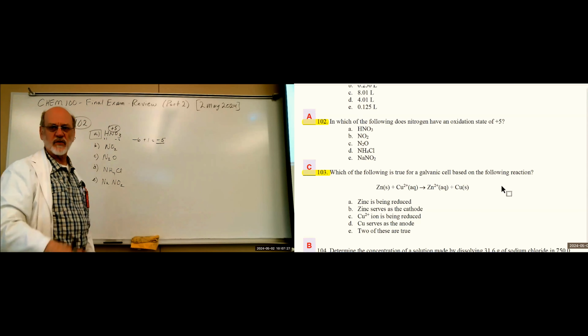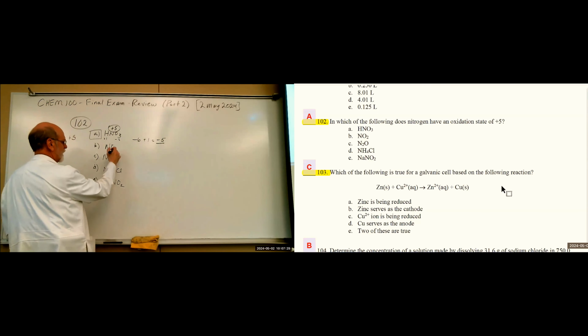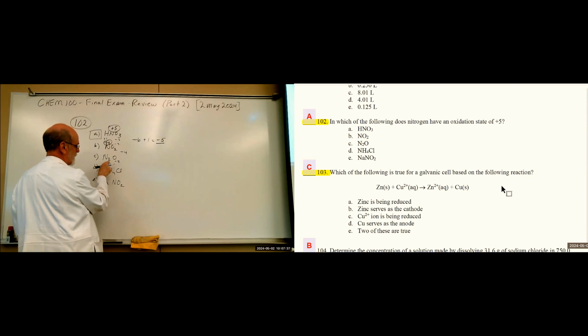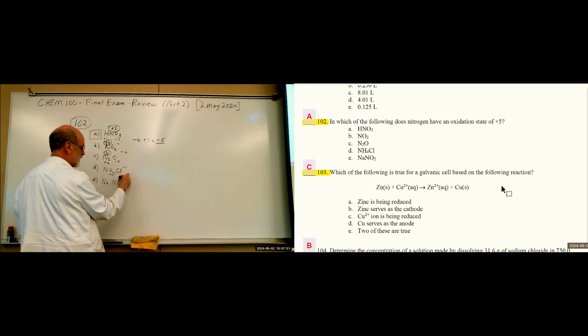While we're here, let's just do the rest of it. All right, so -2 means -4. That means this is a +4. -2 is balanced by a +2, but there are 2 of them, so that one's only a +1. This is a -1. This is +1, which is +4. So +4 -1 is a +3.